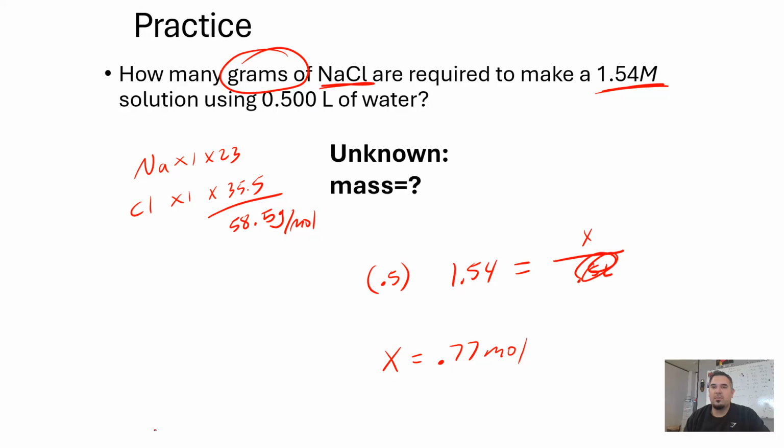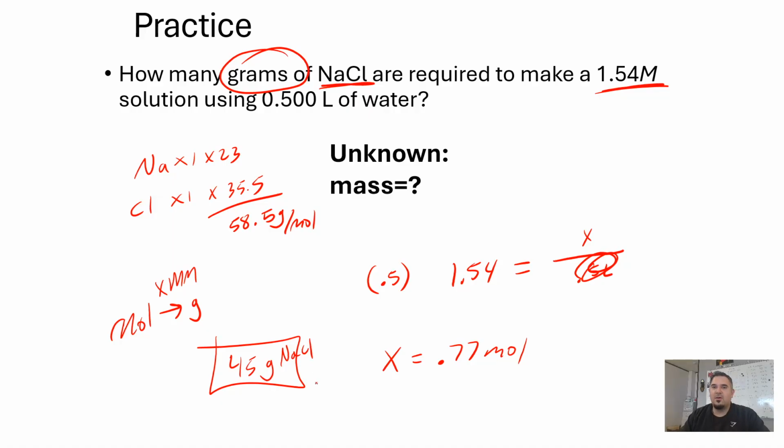So there's our molar mass, and now we multiply by it. To go from moles to grams, your number should get bigger, so we should be multiplying by molar mass. So 0.77 times 58.5 gives us 45 grams, and that's our answer right there. Grams of NaCl.